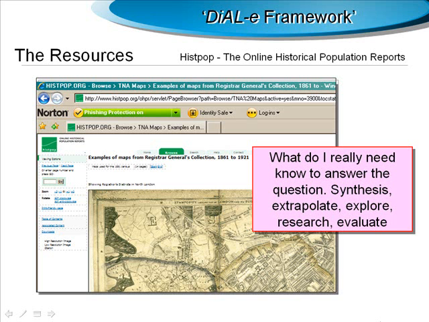So the important point here is that we're asking learners to consider what it is they need to know to answer the question, rather than giving them the information that they need to answer the question.